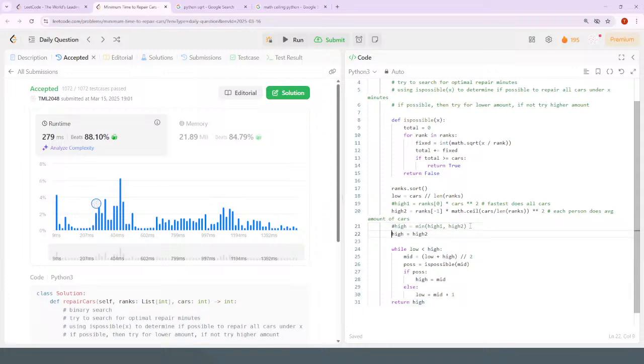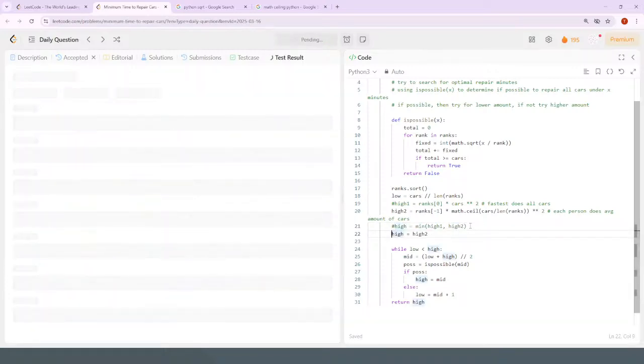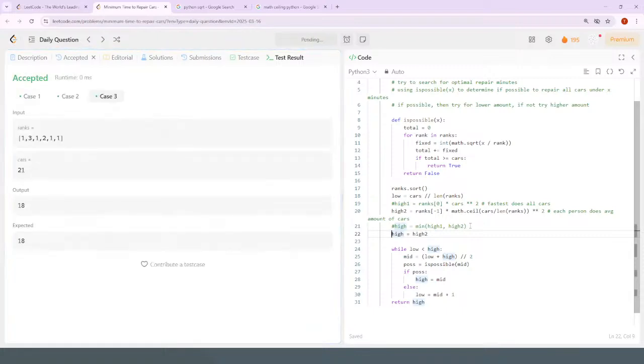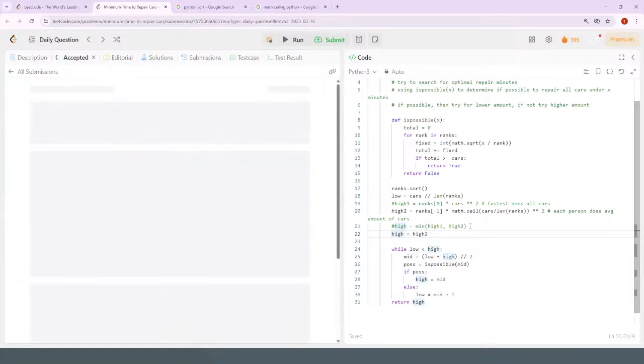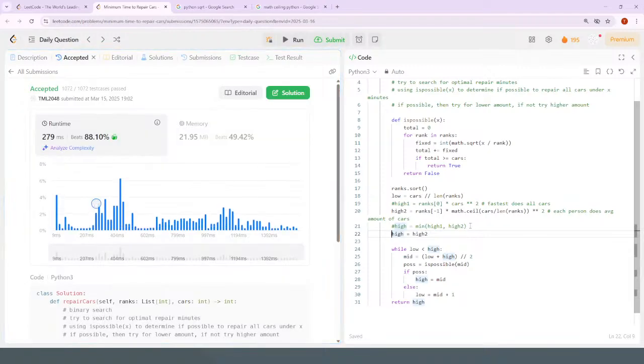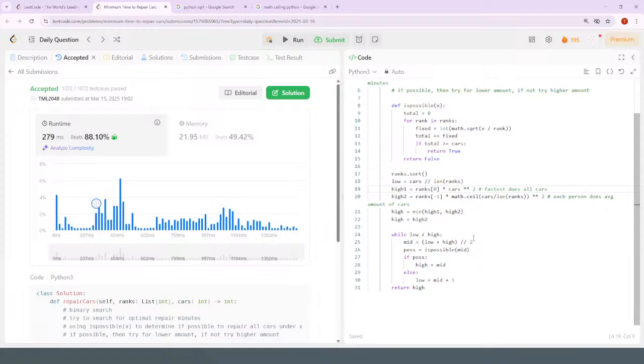So let's just try it with high 2. Alright, it's the same amount. In that case, it doesn't really matter. It's just saving one calculation, really, like an if statement. Not even an if statement within a loop, it's just an if statement.